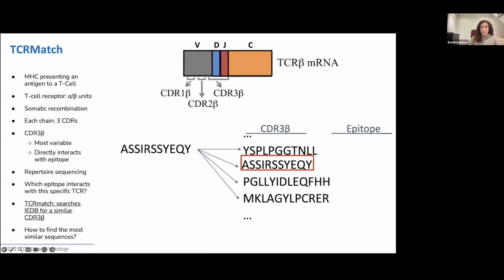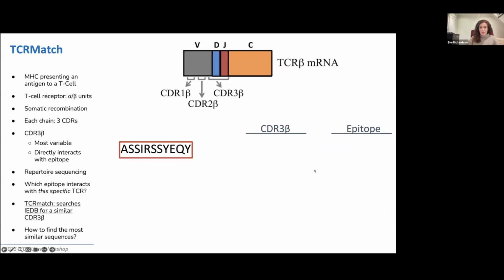We looked in the IEDB and found something that's 100% identical, and from that we can make the mapping to the epitope. In this case, I think this is an epitope of some protein in SARS, a beta coronavirus. But it may be that we have a slightly different CDR3 beta, and if we're looking just by exact match, we're not going to find anything, and so we're unable to make a prediction.